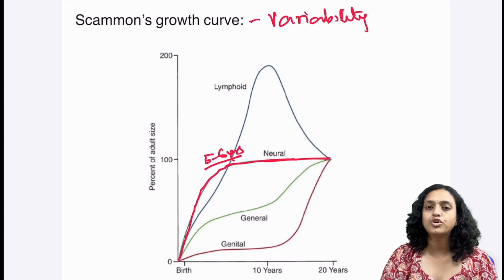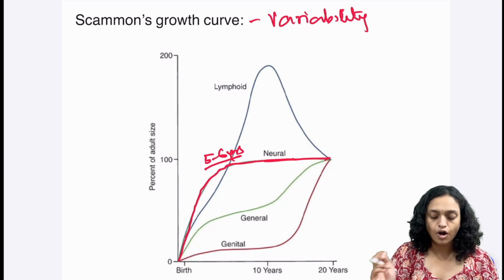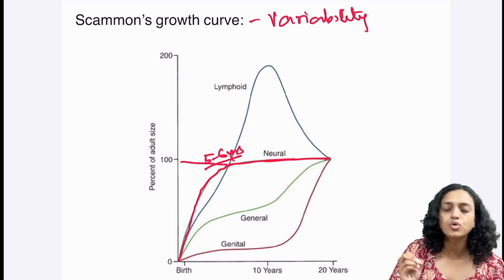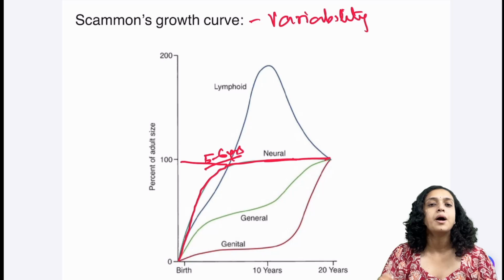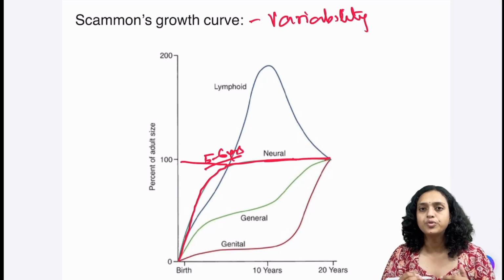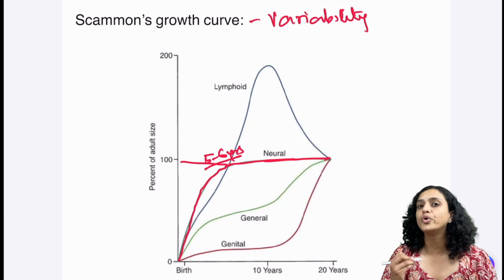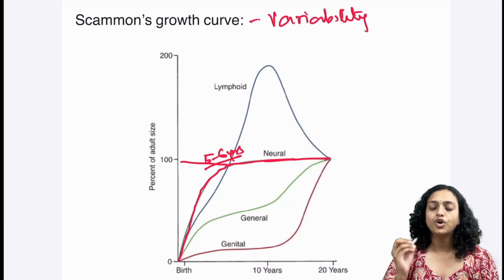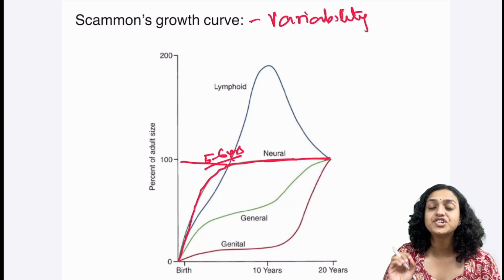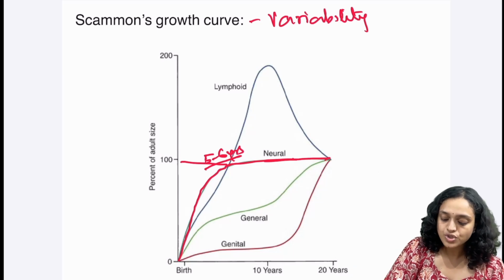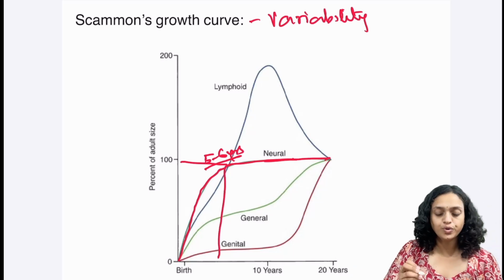All the neural organs reach close to 100% of their original size by 5 years. After that, they are only going to be developing, but they are not going to grow in size. So the growth of your neural organs happens by 5 to 6 years, which is an important 1-mark question. So this is your neural curve.